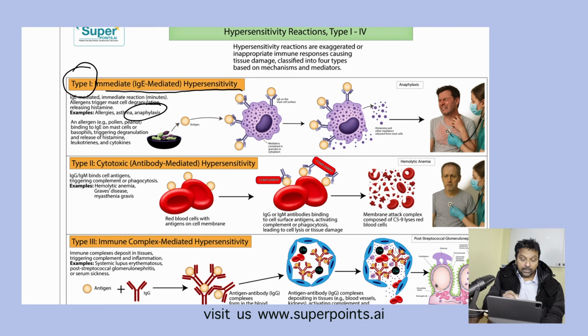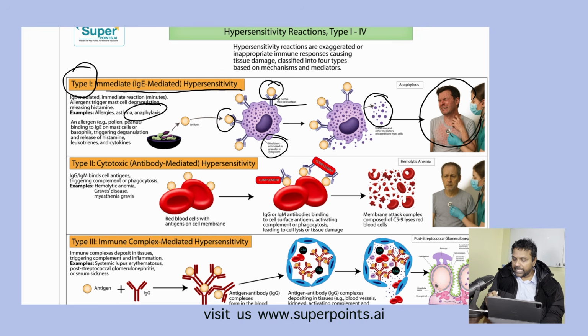Anaphylaxis here is in type 1. What is happening? The antigen is binding to IgE on the mast cell surface, and the mediators contained in granules in the cytoplasm, the histamine, are released. You see histamine released, and the histamine causes this anaphylactic reaction.